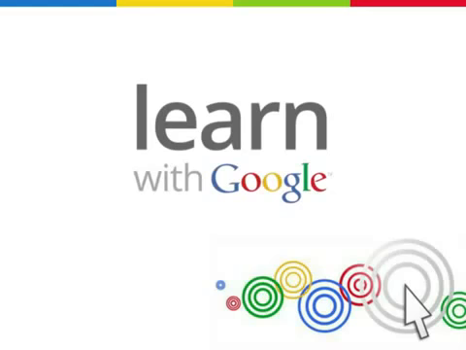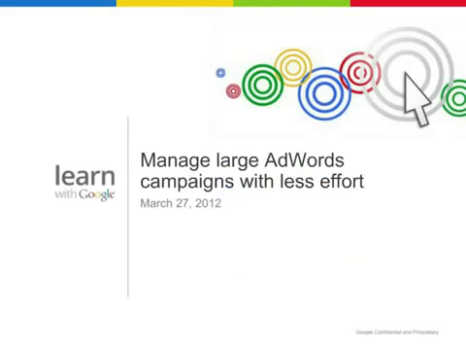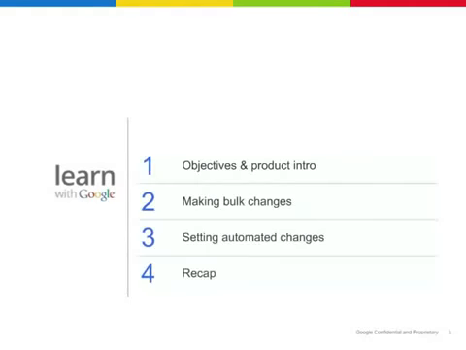First, just a quick technical issue there. There we are. Wanted to get to the agenda slide for all of you. And here's a quick look at what we'll be covering today. First, we'll walk through the goals of the presentation and do a quick overview of the two products that we'll be focusing on, AdWords Editor and Automated Rules.